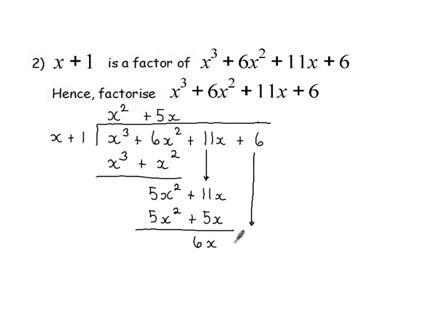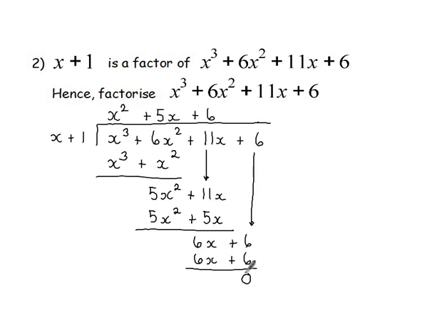Drag the plus 6 down ready, last part. So 6x divided by x gives you plus 6, and times out, so 6 times x is 6x, 6 times 1 is 6, and when we subtract these we get 0, which is what we want.